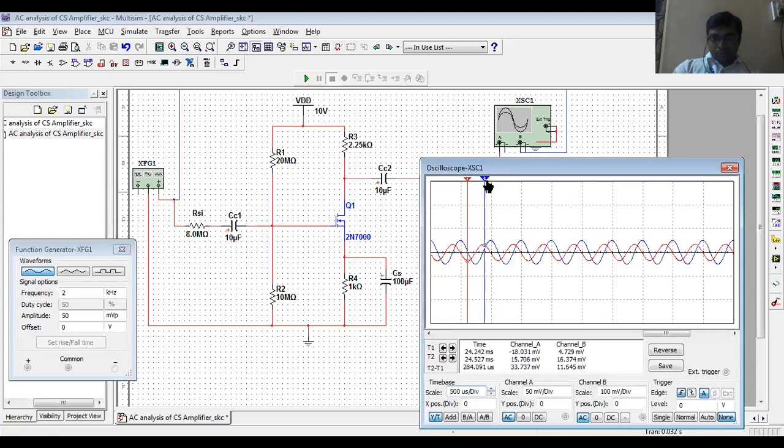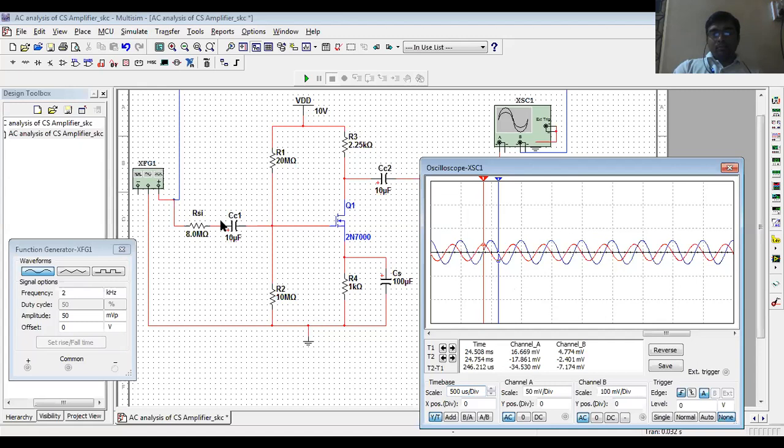It would become nearly 34.5 millivolt. Then you can see that the voltage gain has dropped, and it is nearly less than that of the input voltage.